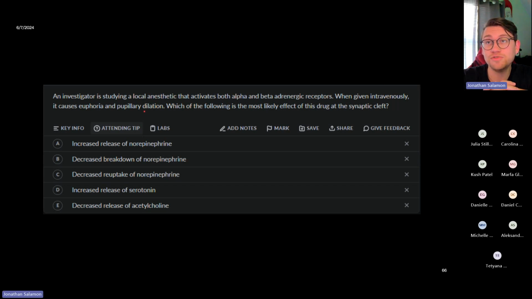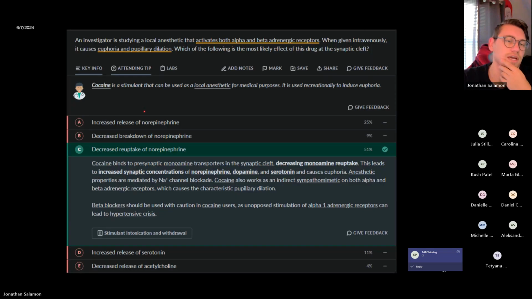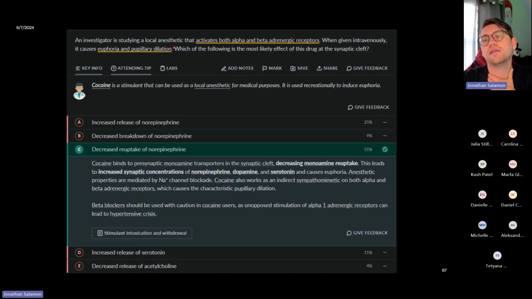Same mechanism of action as Wellbutrin, mostly. It decreases the synaptic reuptake of norepinephrine, right? Local anesthetic was your clue, it's cocaine. But euphoria and pupillary dilation, when you see this, you should be thinking either PCP or cocaine, right? PCP works on NMDA receptors, and I don't see NMDA receptors here. So cocaine.